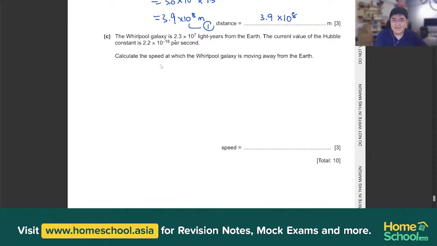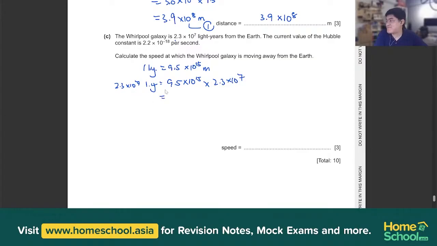So firstly, we need to calculate how many meters is 1 light year. So 1 light year is equal to 9.5 times 10 to the power of 15 meters, okay? The Whirlpool galaxy is 2.3 times 10 to the power of 7 light years, which is equal to 9.5 times 10 to the power of 15 multiplied by this big number here, 2.3 times 10 to the power of 7.